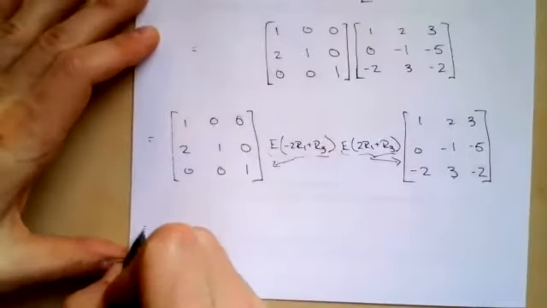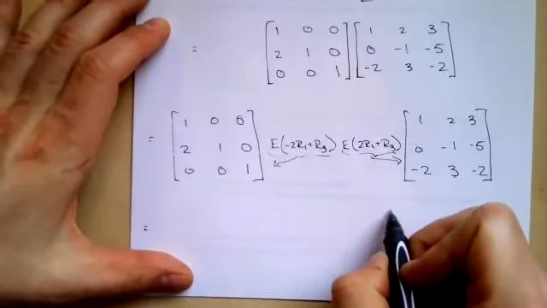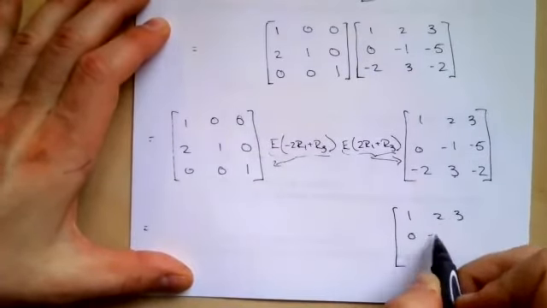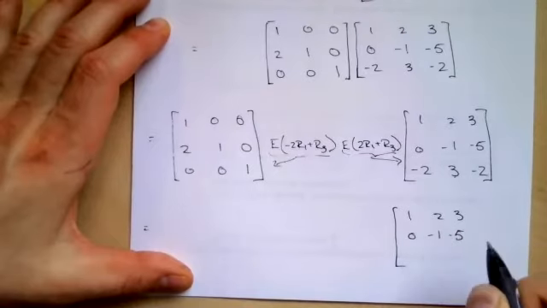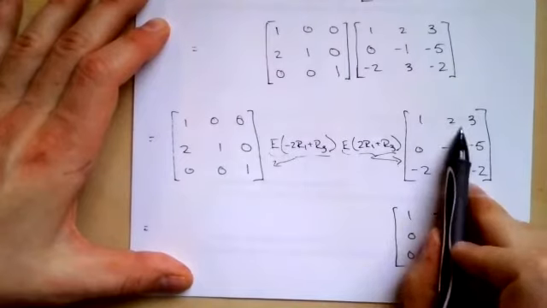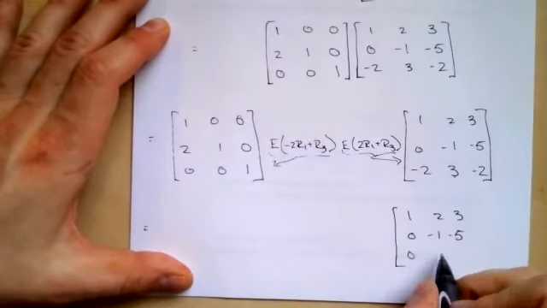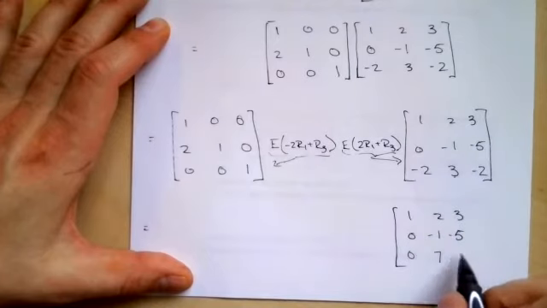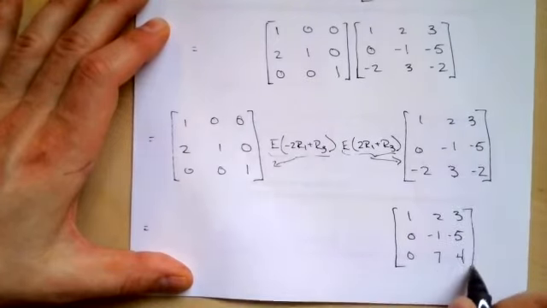So when we simplify this, on the right, what are we left with? Row 1: 1, 2, 3. Row 2: 0, minus 1, minus 5. And then our 0, and then I've got 2 times 2 plus 3 is 7, and then 2 times 3 is 6, minus 2 is 4.